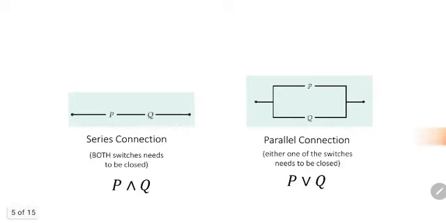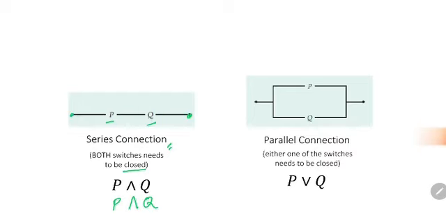Now, let's use symbolic statements. If we turn this particular connection into a symbolic statement, this should be P and Q. That means both switches P and Q must be closed for the current to flow from this terminal to that terminal.